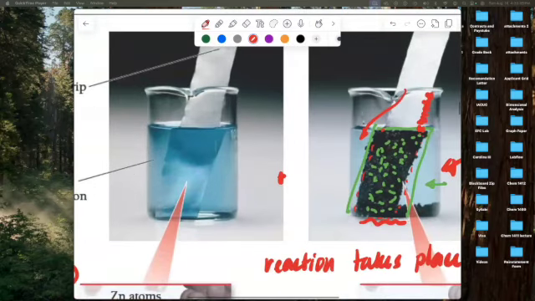Okay, if you leave this overnight, all the blue from the copper will disappear as the copper ions become copper solid. Okay, so the blue goes away because the blue came from copper ions. And then we start seeing that dark color, which will become bronze, right? When it's pure copper, it becomes bronze. So this should be bronze, right?